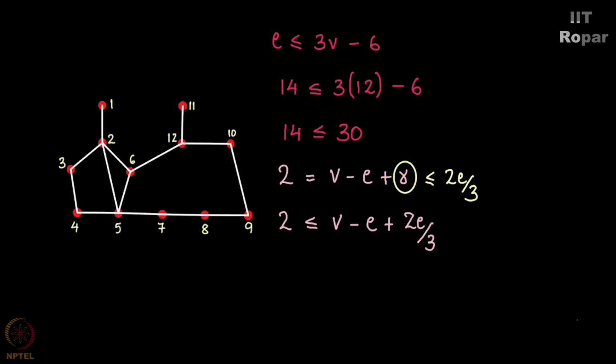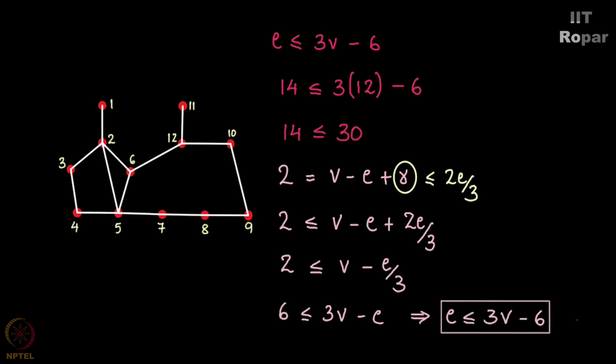And then the next step, I get 2 is less than or equal to v minus e by 3. A little bit of jugglery here and there gives me 6 is less than or equal to 3v minus e, multiplying by 3 throughout, and then putting e on the left side and 6 on the right side, you get the answer, which is e is less than or equal to 3v minus 6.